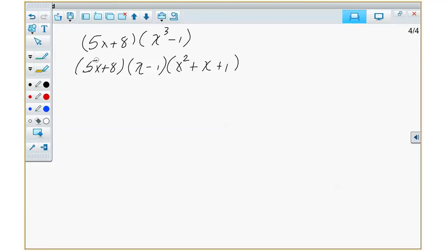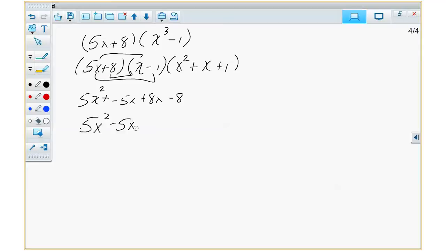So do the FOIL method, 5x squared plus negative 5x plus 8x, huh? You don't have an x. Thank you. I'm gonna make a good wife one day. Get all these little nitpicky things. I'm kidding. 5x squared minus 5x plus 8x minus 8.